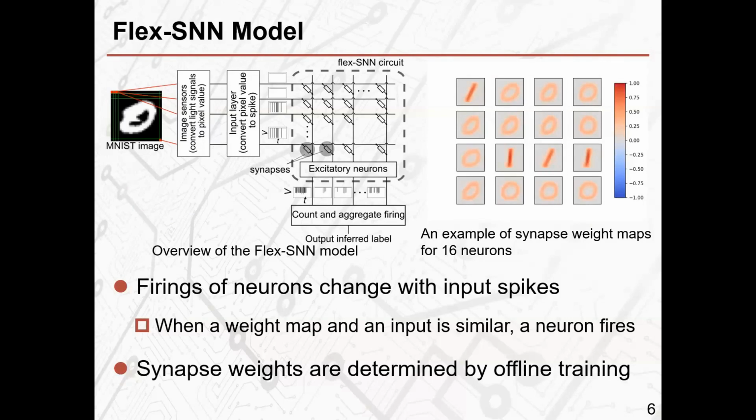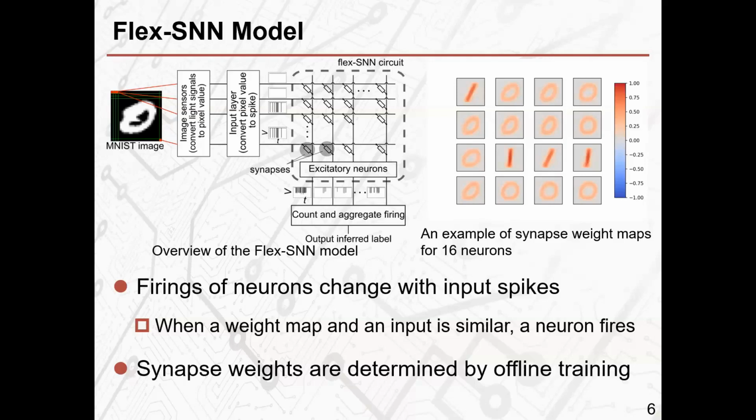In data processing, the data images or the sensor outputs are converted to input spikes in peripheral circuits, and then they are fed to the input layer. The input spikes go through the synapse matrices and fire the excitatory neurons. And the firings of excitatory neurons are counted and aggregated to get an output label.